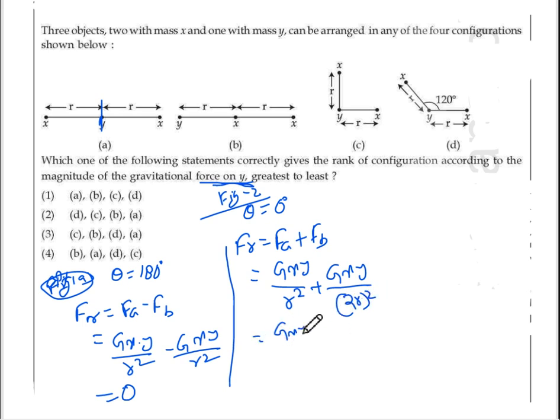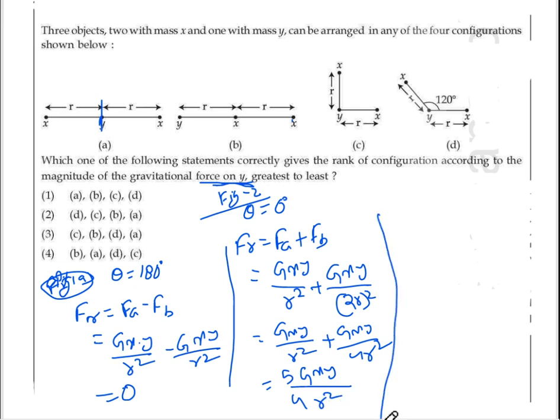So G x y by r square plus G x y by 4r square. Taking the LCM, it will become 4r square, and if you solve, it becomes 5 G x y by 4r square, which is around 1.25.